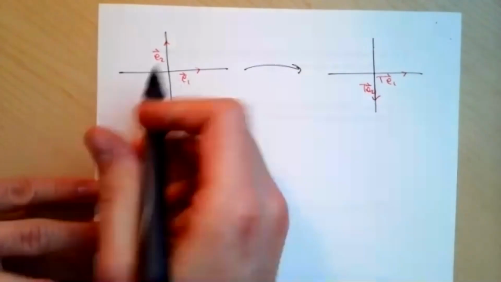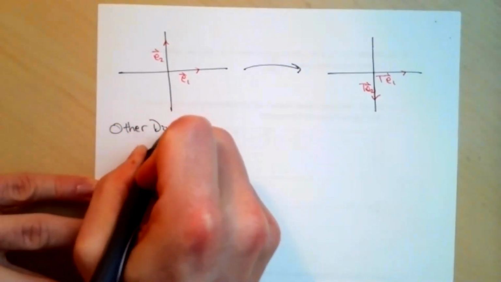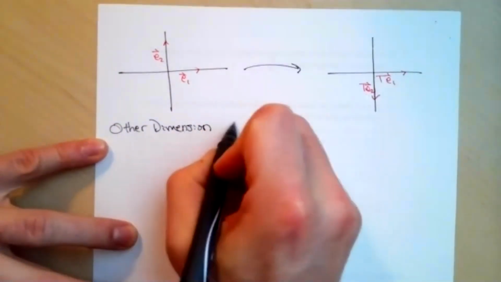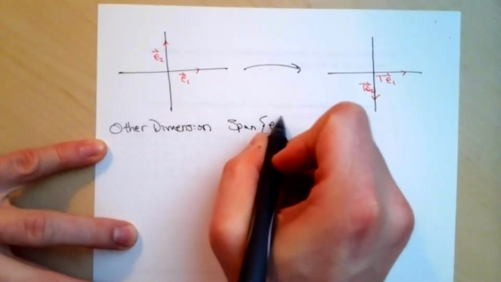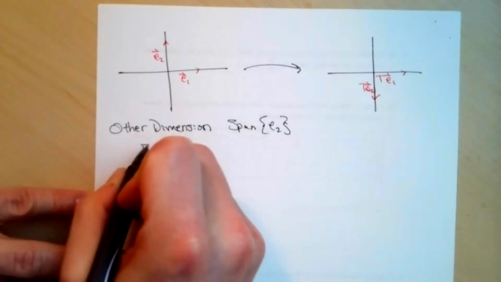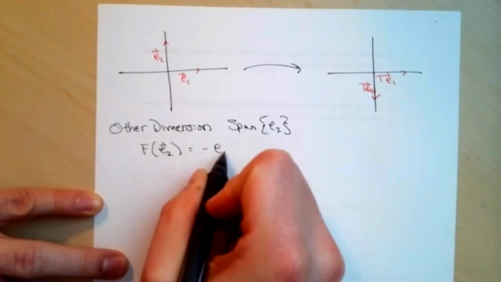Well, our other dimension is, of course, going to be the span of our E2. What's going to happen to that? Well, f of E2 just gives us negative of E2.